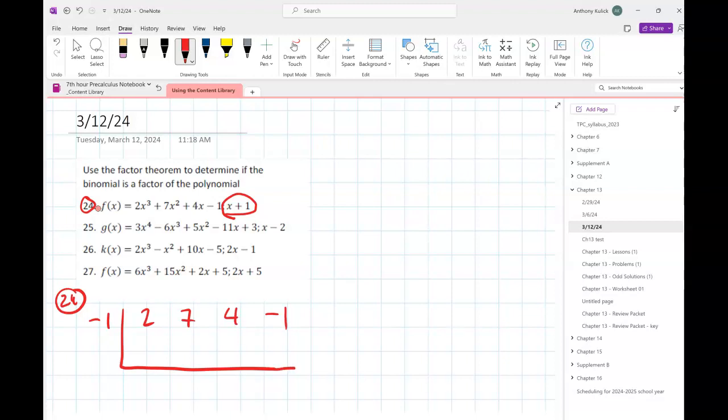I don't have to worry about any zeros because I have degree 3, degree 2, degree 1, and degree 0, right? Everything's in order. So I bring down, multiply, add down, multiply, add down, multiply, add down. Since I get a remainder 0, I know that that's a factor.